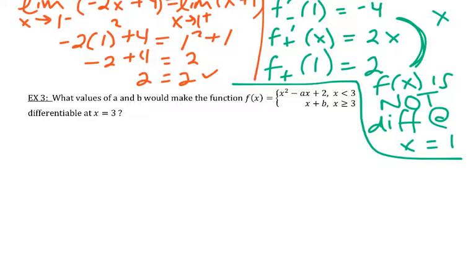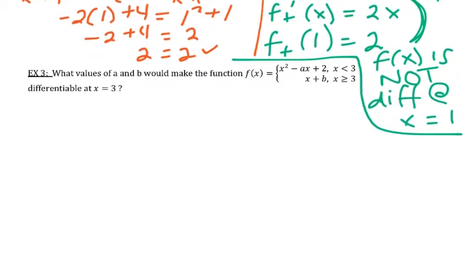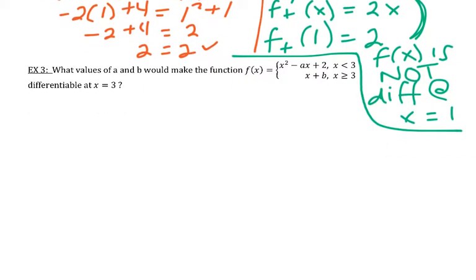Alright, one final type of algebraic problem. What values of a and b would make the function f of x differentiable at x equals 3? So in order to make it differentiable, again it has to be both continuous and then differentiable. We're going to use both of those here to solve for a and b. So looking at the differentiability part first, if we're approaching from the left, we get 2x minus a.